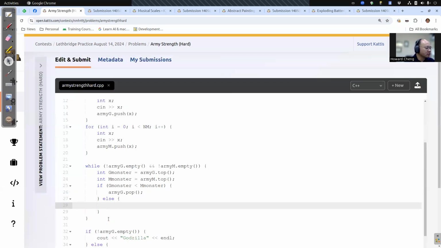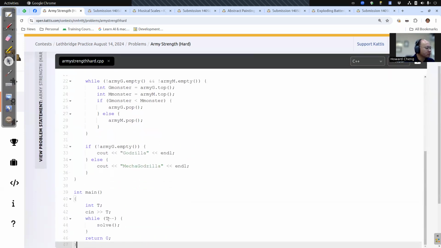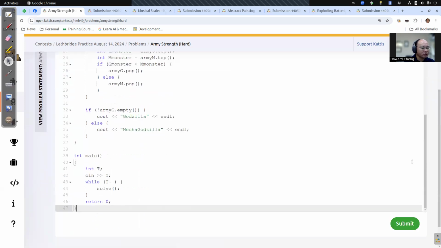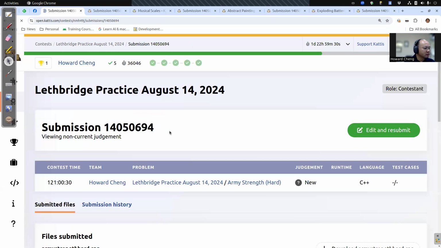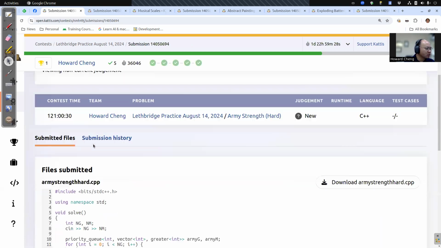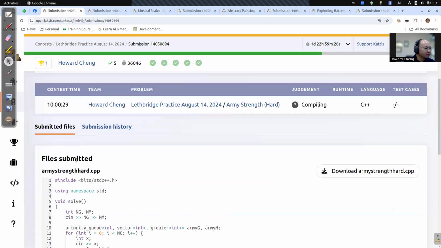Else they're either the same or M is smaller, so I remove army M dot pop. And I think that's what I have to do if I haven't screwed up. It's always dangerous to code unrehearsed.